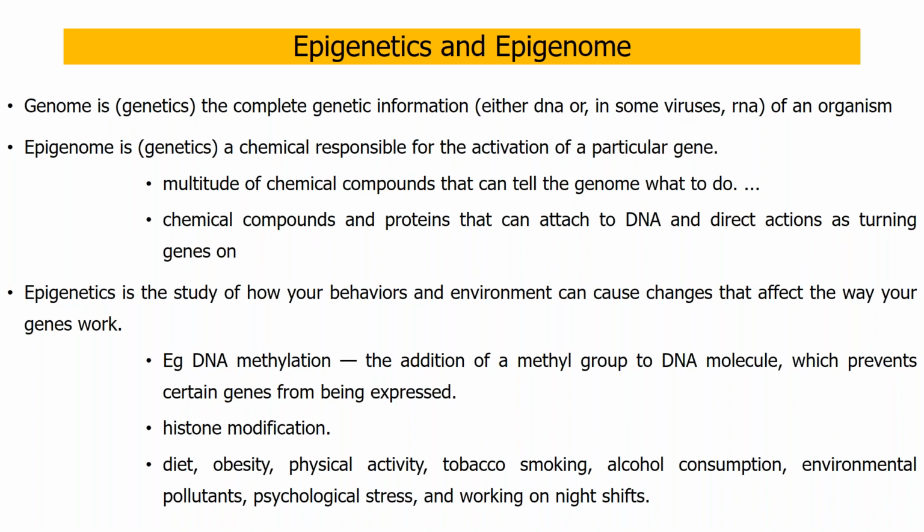So that is the chemical group that has been added to that gene. So the chemical compounds and proteins that can attach to DNA and direct the actions such as turning the genes on or off is the epigenome.